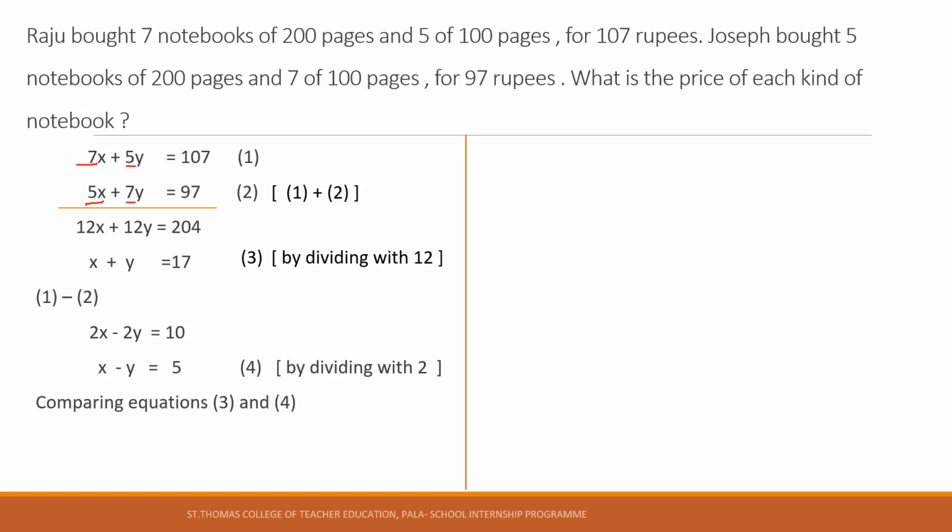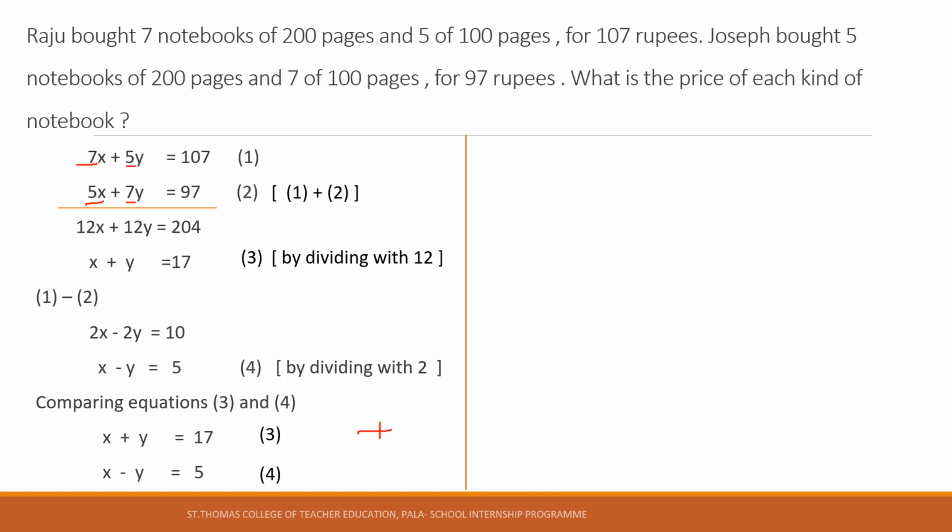So, we have got two equations: x plus y equal to 17 and x minus y equal to 5. Now, you can easily solve this. How? Yes. By which operation? Adding 3 and 4, isn't it? Good. So, what do you get on adding? y and y get cancelled because y minus y is 0.